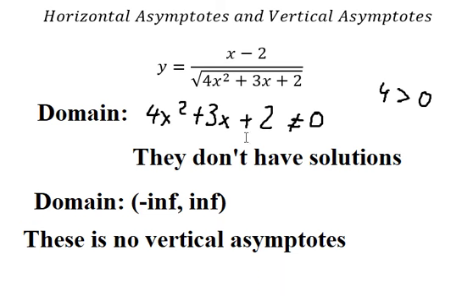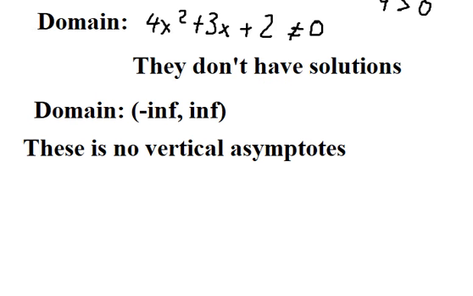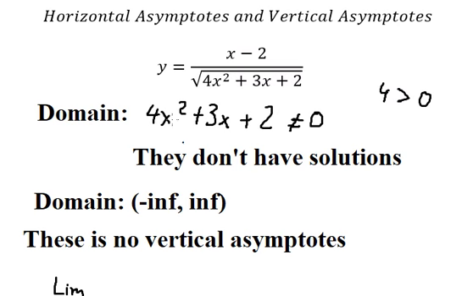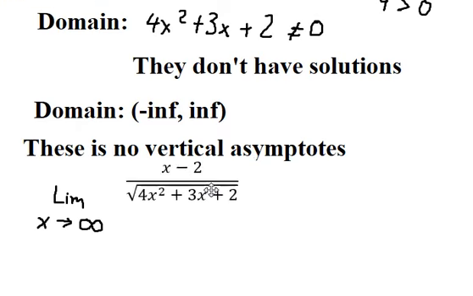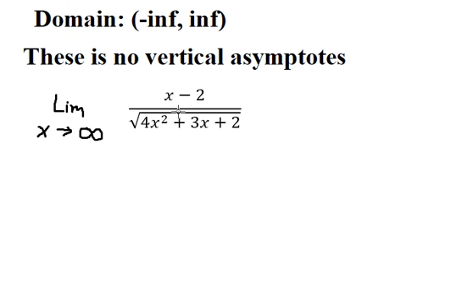Now let's go to horizontal asymptotes. In this one, we need to find the limit as x approaches positive infinity. So I will divide by x on the numerator and denominator.